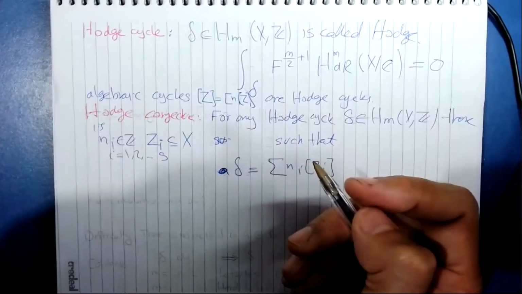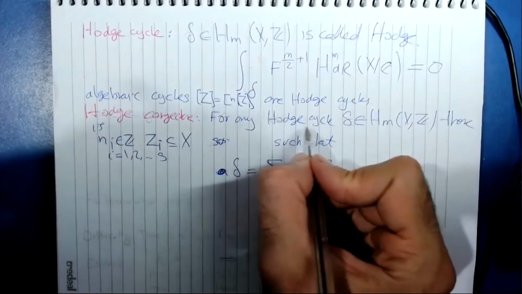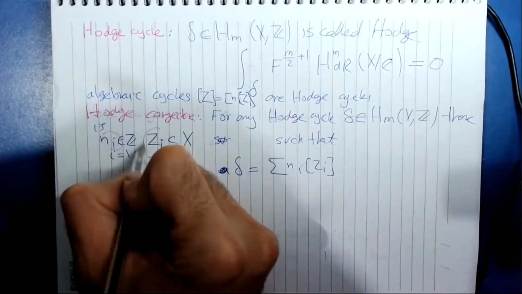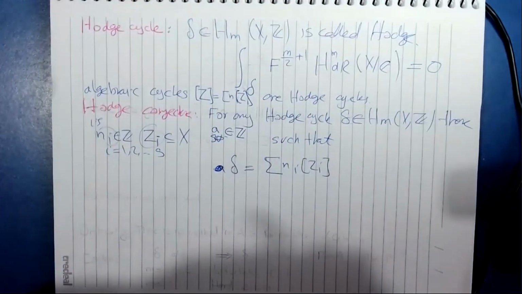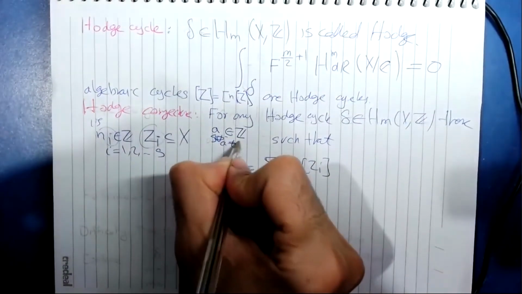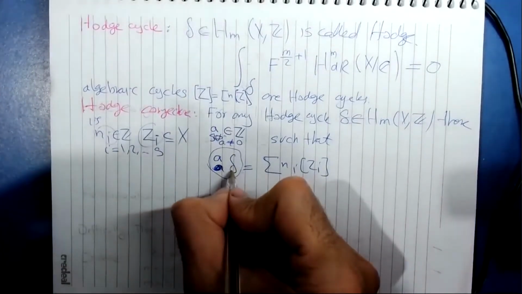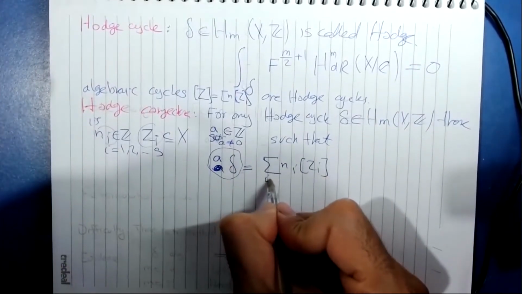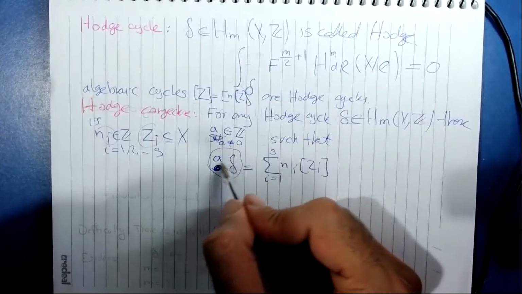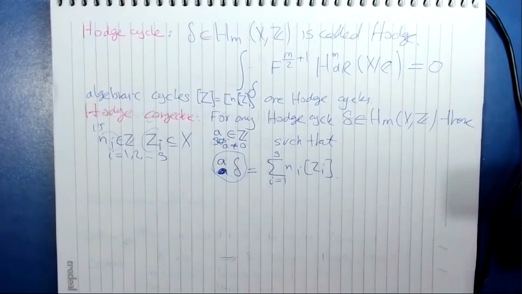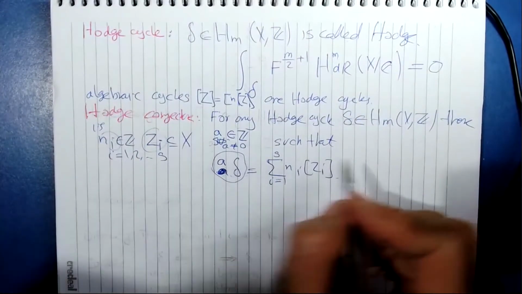So the reformulation was with rational numbers, that if I want to write with integers, it is something like this: there are n_i's and algebraic cycles, and a is some other non-zero integer, such that whenever I multiply delta with a, then this will be my algebraic cycle. So for any Hodge cycle, a multiple of it must be an algebraic cycle, and this conjecture is still open.